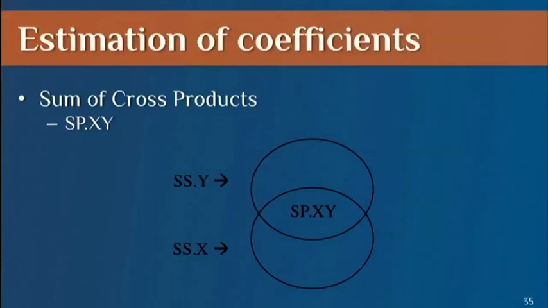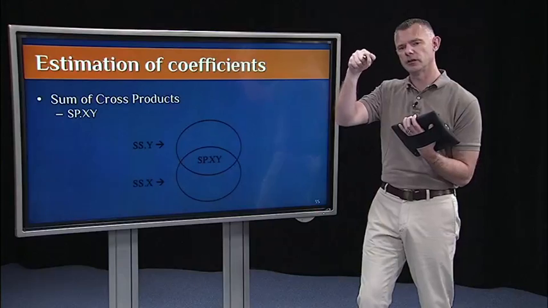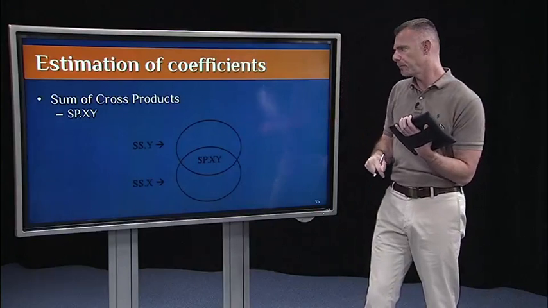So the degree to which x and y correlate is going to be represented by the degree to which these two circles, SS y and SS x, overlap. Right? So high degree of overlap, we're going to get a correlation approaching 1. No overlap, we're going to get a correlation approaching 0.